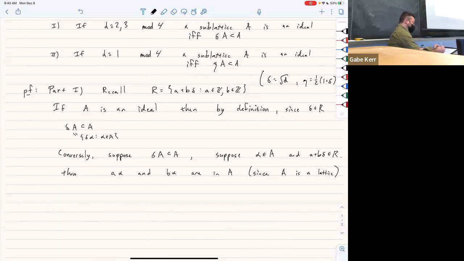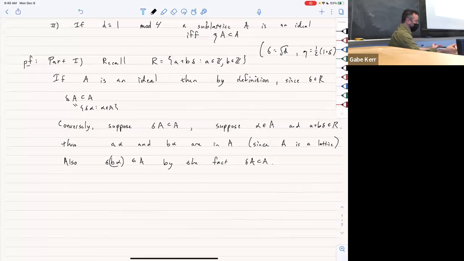But now we also have delta times b alpha, because b alpha is in A, is also in A by the assumption we've got.